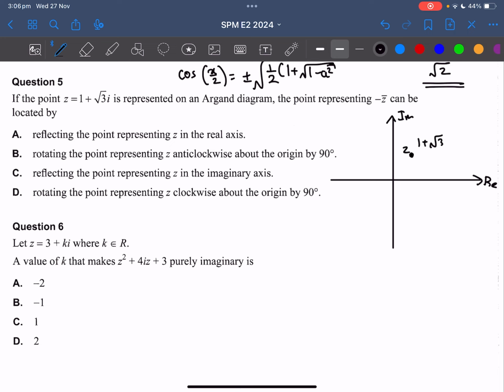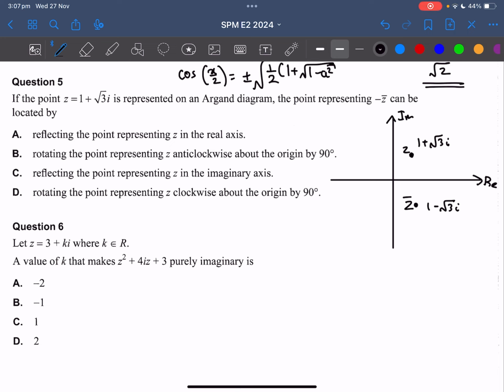If I were to do negative z, or maybe I should do z bar first. If I do negative z bar, it would just reflect, like that. So z bar would be somewhere here, for example, and that would be 1 take away root 3i.